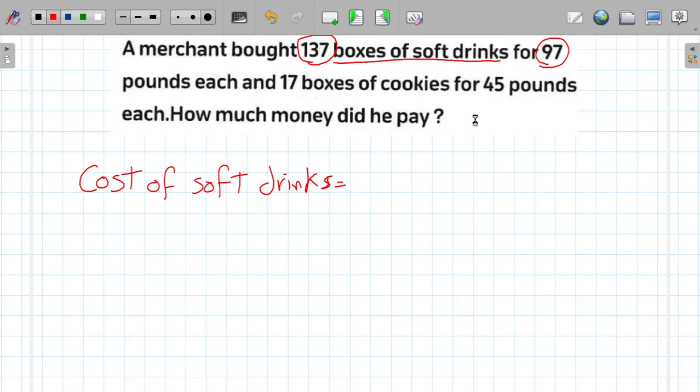So I will multiply 137 by 97. Okay, so I will say 7 by 7 equals 49, so I have 9 and carry up 4. 7 by 3 equals 21, and 21 plus 4 equals 25.